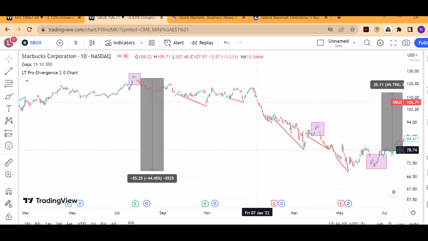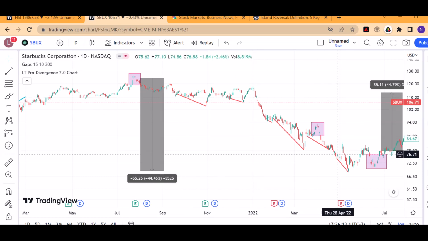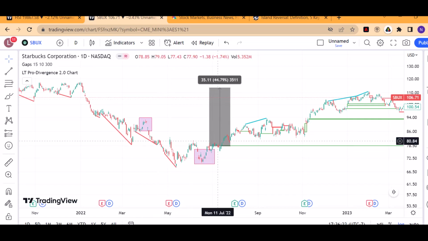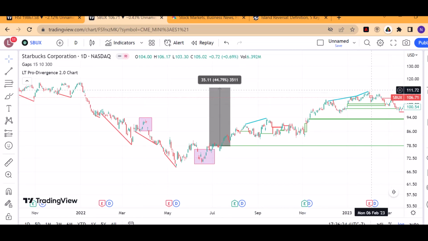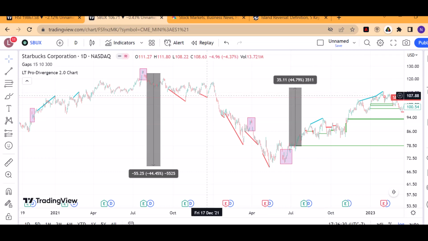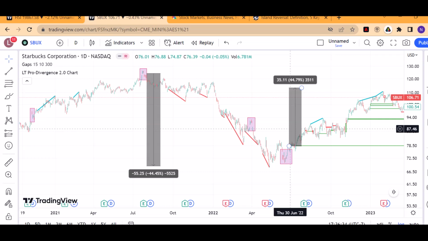Can you imagine that in a value stock? This is one of the oldest and most beautiful value stocks, and we saw a 50% decline. If you identify it here, you can trade 50% here and again 50% in the same stock, 100% in the same stock, on both sides. That is the beauty of these patterns.